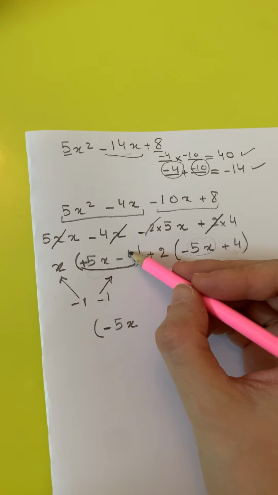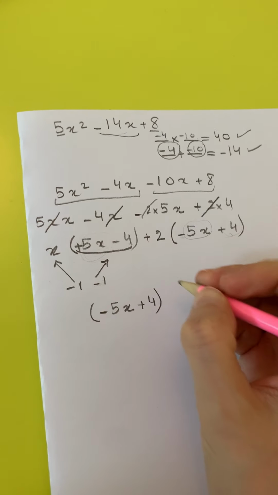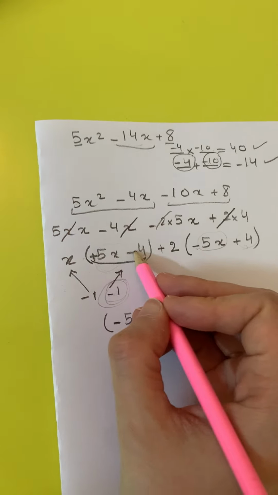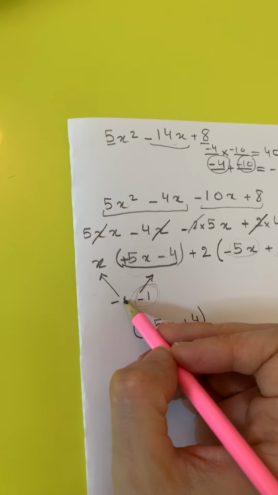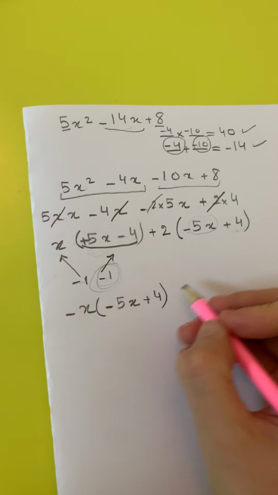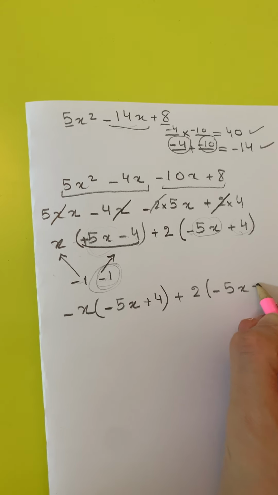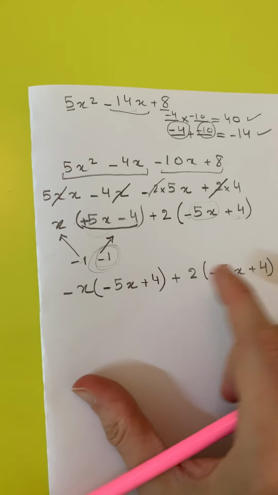And negative 4, if you multiply it by negative, will be positive. So basically the negative will change the sign of these two, okay, and flip the signs. And the negative here, when you multiply it by x, will be negative x. And the rest will stay the same. And now they are the same.